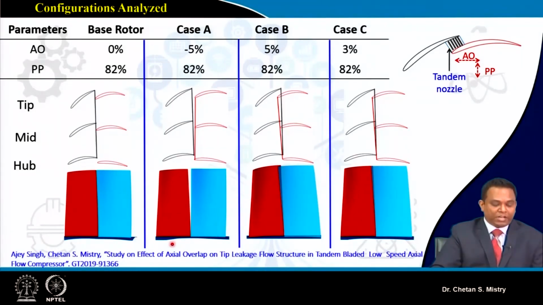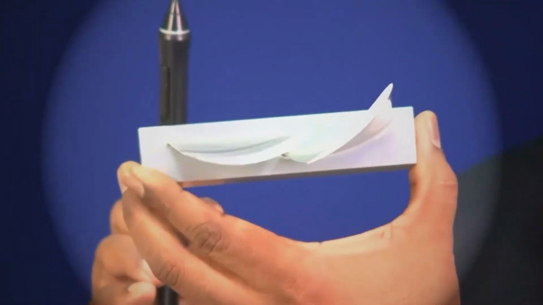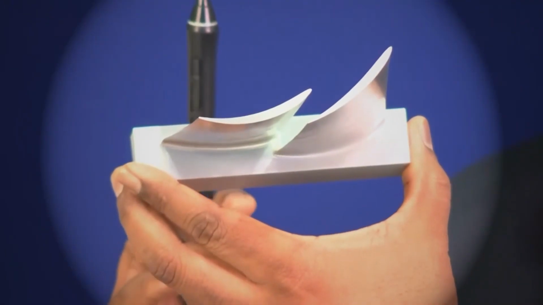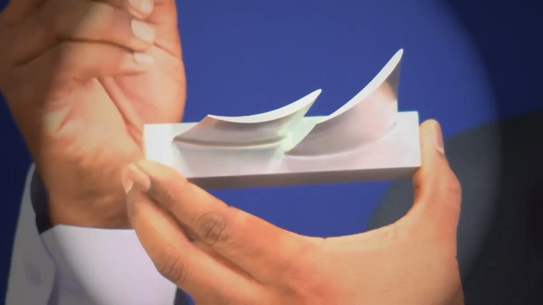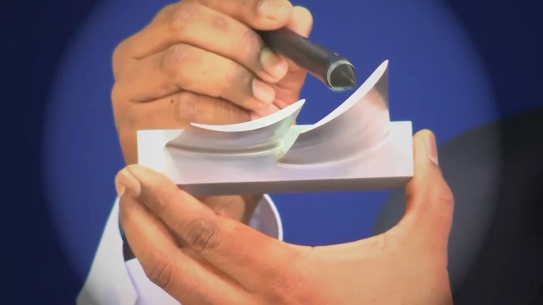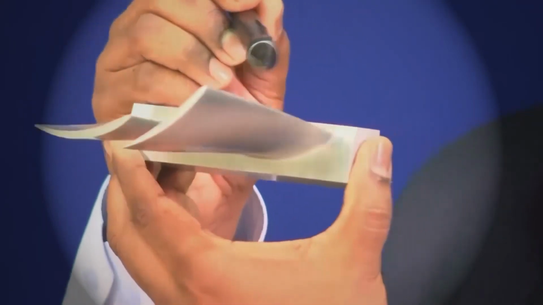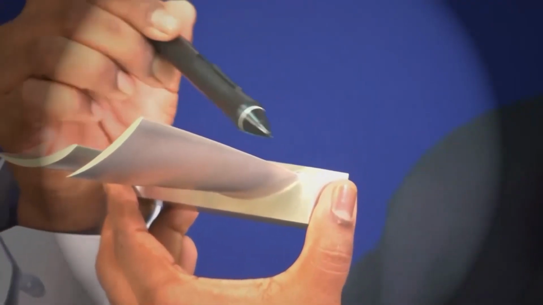More details are available in one of the Turbo Expo papers. Those who are interested can go through that. Let me show you this blade. These are the two blades. You can see this is my front blade, this is my rear blade, and here I have this as my leading edge.